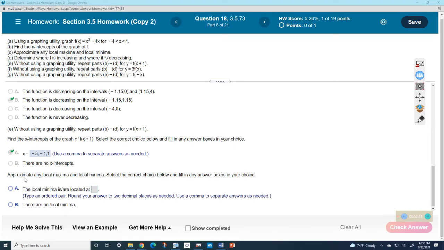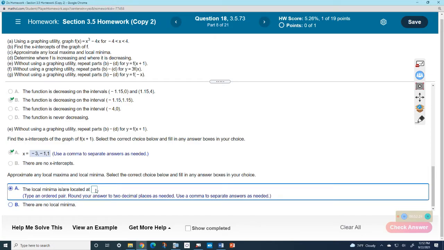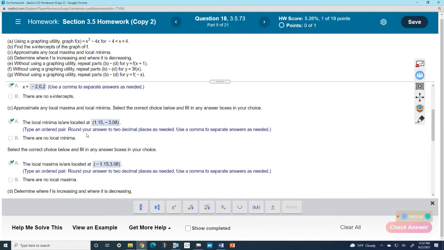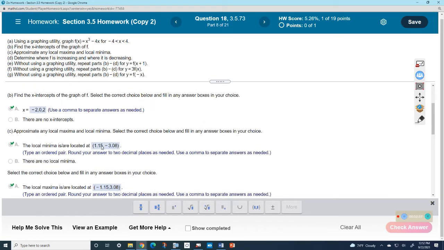Okay, approximate the local maxima and minima. The local minimum, what was my local minimum before? It was 1.15, negative 3.08. But for f of x plus 1, it's going to shift the x coordinate to the left by 1. It's not going to change the y coordinate. So for me, that's going to be 0.15, still negative 3.08.